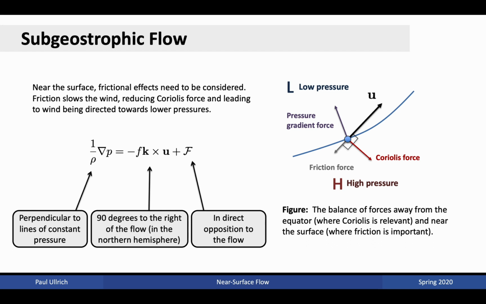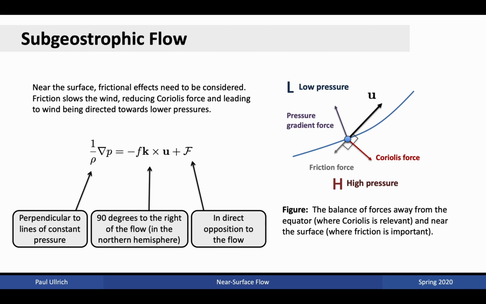Putting these together on this diagram, one finds that the only way you can have a perfect balance between the three forces is to have a flow which is slightly directed towards the low pressure region. That is, the frictional force, in essence, works in conjunction with the Coriolis force to balance out the pressure gradient force.